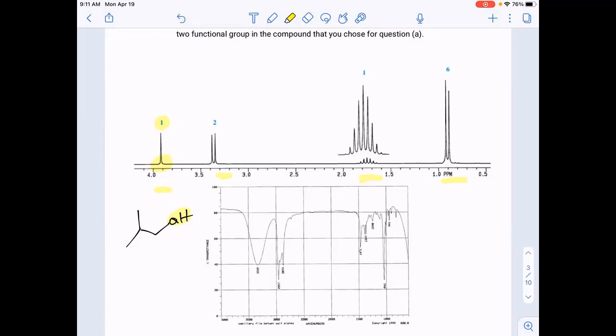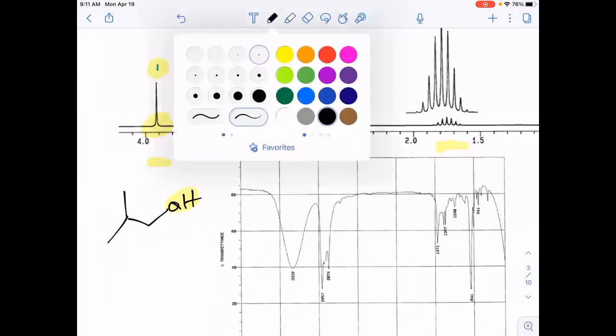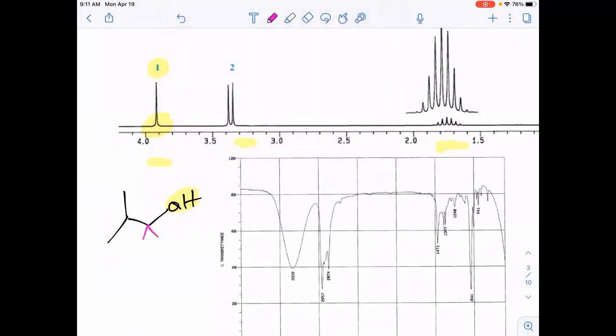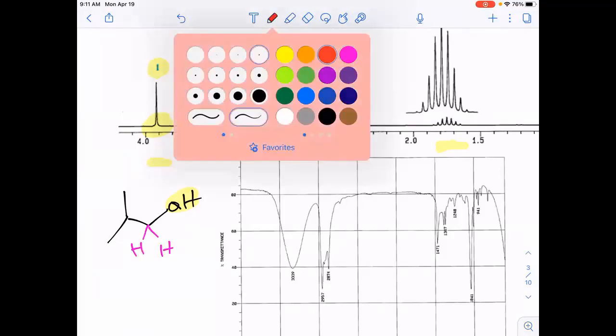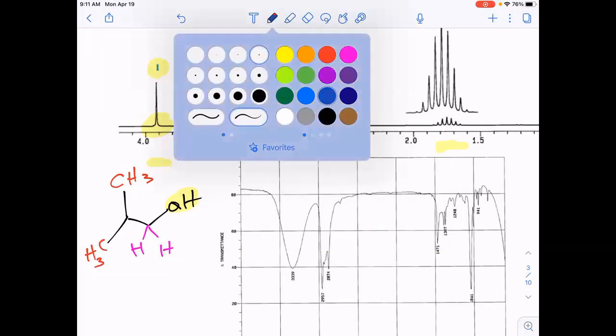All right. So now we got 3 signals left to resolve. We got these protons right here. I'm going to color code them so we can color code them on the spectrum. So we got these protons, we have these CH3s up here, and then we have this 1 proton right here.